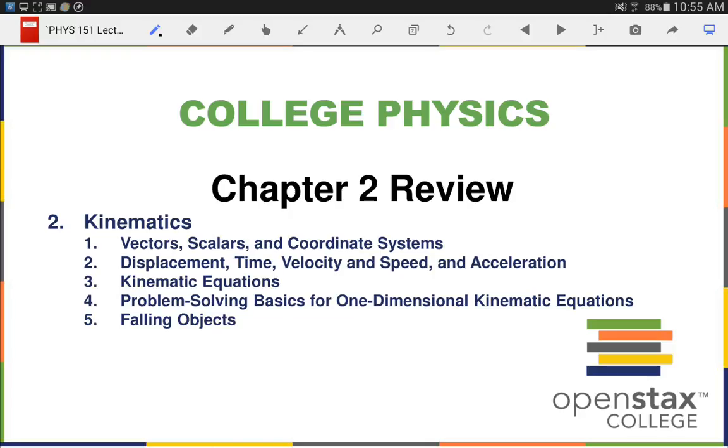Whereas 6 meters by itself is a scalar. So vectors can be written as scalars. Scalars like, let's say, my mass. There's no direction for my mass. It's just a measurement of how much of me there is. So we can't put a direction on something that's intrinsically a scalar. But something that's intrinsically a vector, we can write as a scalar. So we just need to be clear on the difference between a scalar and a vector. Let's look at some examples of vectors versus scalars.